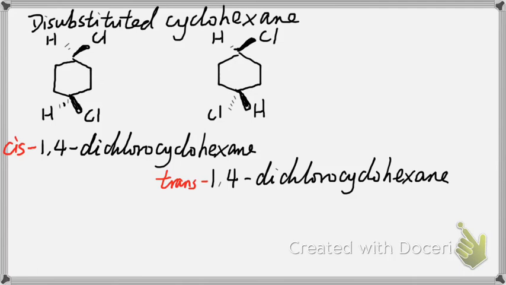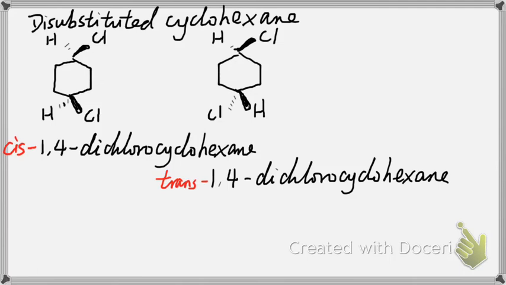Now in this example, the connectivity for the atoms is the same, right? They are 1,4-dichlorocyclohexane. But the chlorine atoms are pointing to different directions relative to the ring. So they have different spatial arrangement.